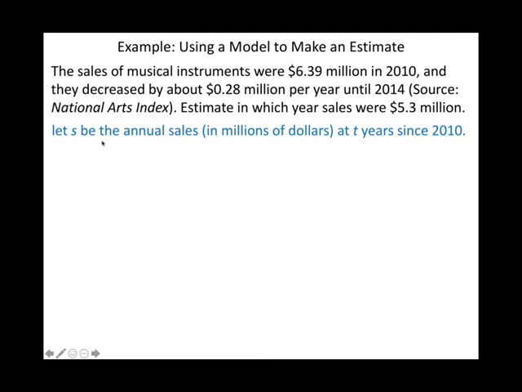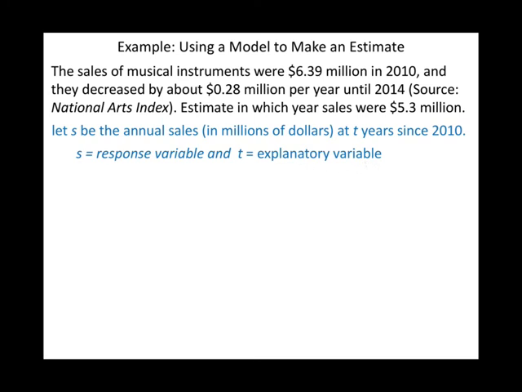And we have the S and the t variables. So think about it. Which one will be your response variable? Which one is going to be the explanatory variable? We usually put the year on the x-axis, right? So the S, the annual sales, is going to be on the y-axis, meaning that the S is your response variable. The t is the explanatory variable.